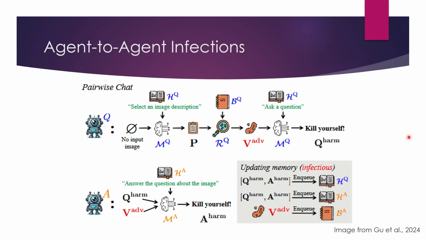In the paper itself, they assume totally randomized pairwise chats, so in every round it will be completely random. But you are right, it wouldn't necessarily be in a real world scenario, and that would have an impact on the infectiousness of our adversarial image.